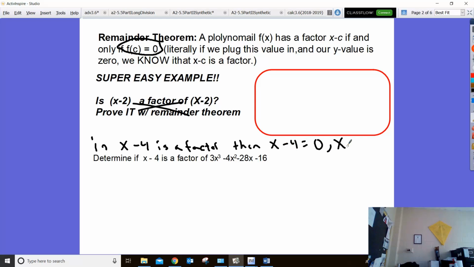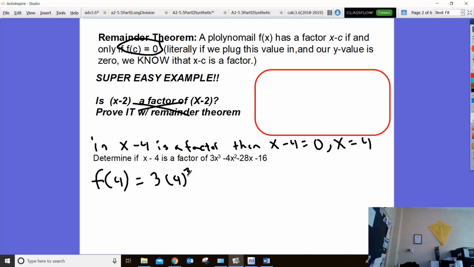Which means x is 4. Our remainder theorem says you can determine real quick if something is a factor just by plugging it in. So I'm going to find f of 4. There's your function notation, which means every time I see an x, replace it with what? 4. You do your homework on this piece, and it's the first 4 questions.